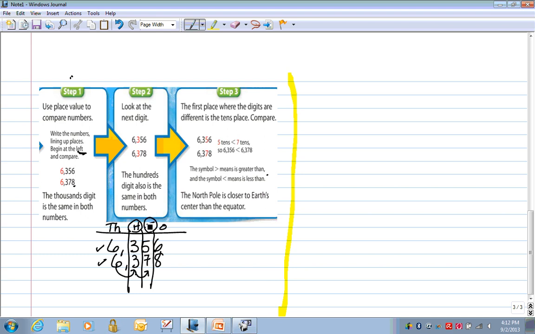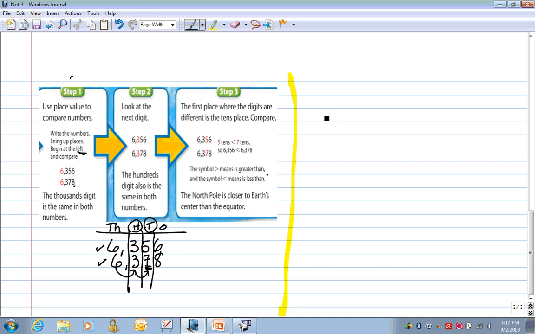So once again, you must go one more over in place value, and now we are in the tens place value. And if I look at the tens, our first number has 5 tens, and the second number has 7 tens. So to tell us which number is greater, the bigger number is going to be greater. So you could write that in a couple different ways.